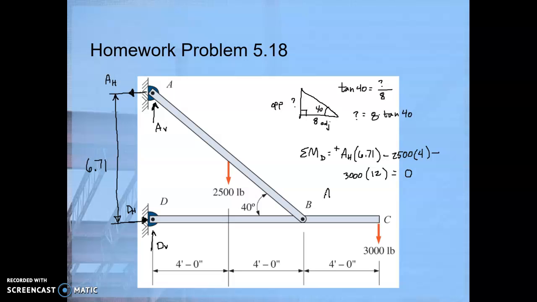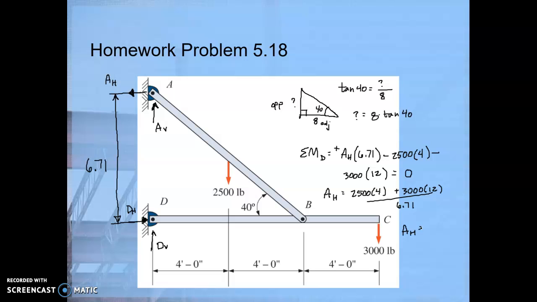If we solve that equation, AH is going to be equal to 2,500 times 4 plus 3,000 times 12, and then that all gets divided by 6.71.